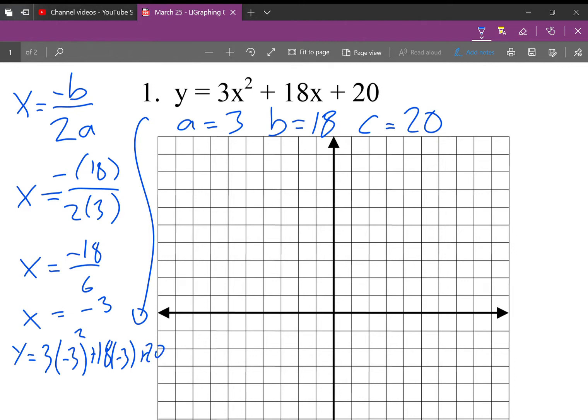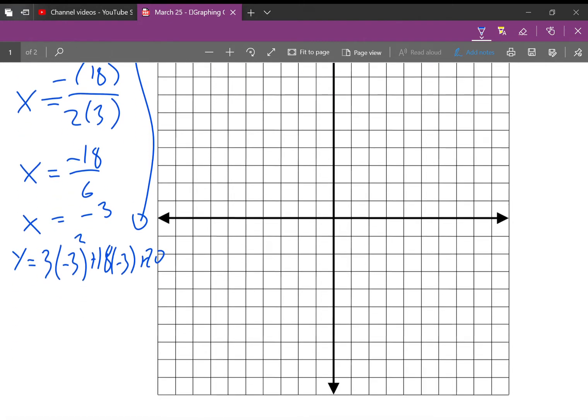Negative 3 squared is positive 9. 9 times 3 is 27. Positive 27. 18 times negative 3 is negative 54 plus 20. This simplifies to negative 27 plus 20, which ends up being negative 7.